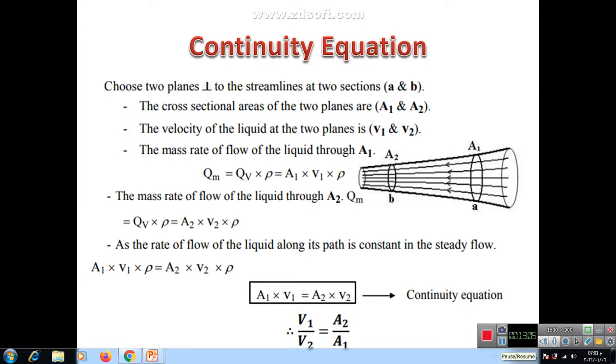If the tube is branched into a number of branches of the same cross-sectional area, we can add here n: A1 V1 equals n A2 V2.